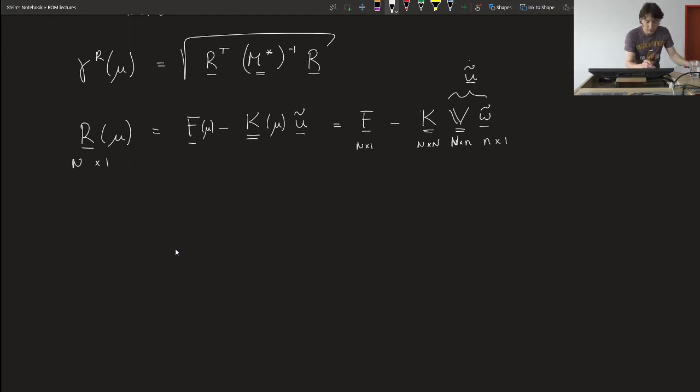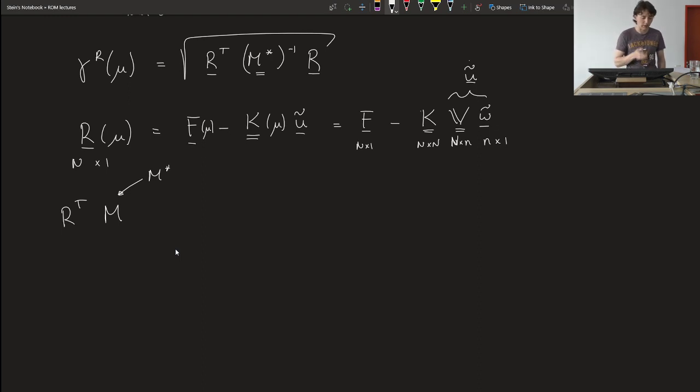So now let's try to compute gamma r, and actually I'll compute gamma r squared because I don't want to deal with the square root for now, but obviously you can just take the square root at the end. So what I want to compute is r transpose times M. I want to simplify my notation at this point, so I'm just going to use M. To be clear, this should actually be M star, because a mass matrix always has an inner product associated with it, and the standard choice L2 is just that, a standard choice.